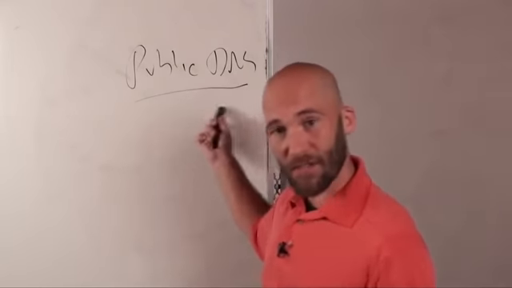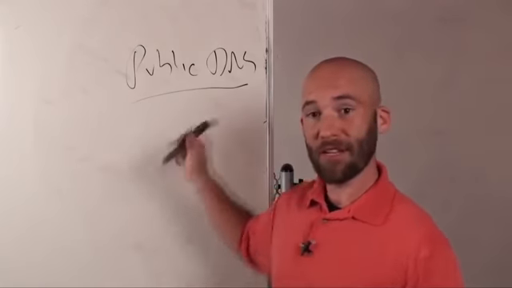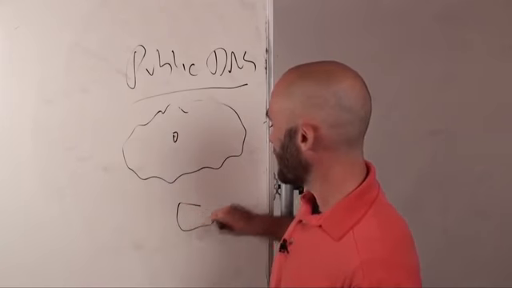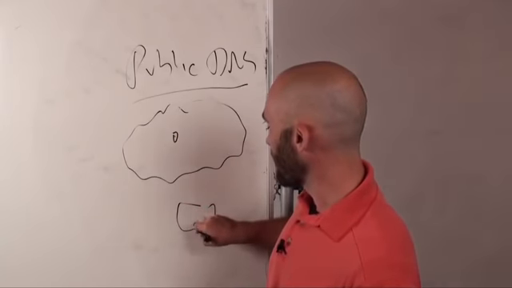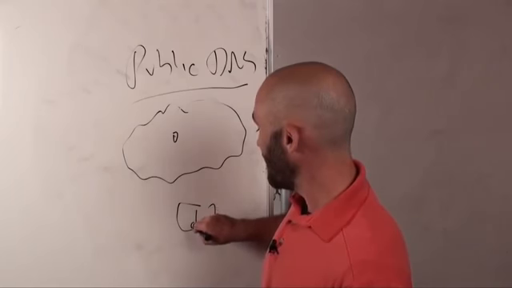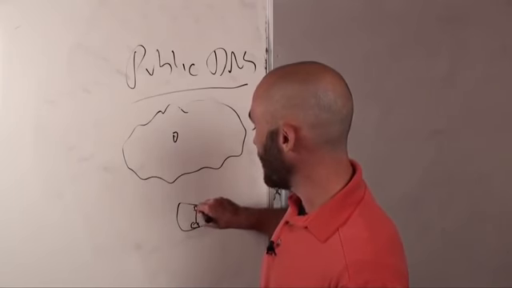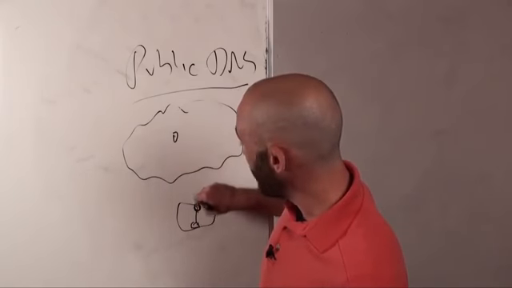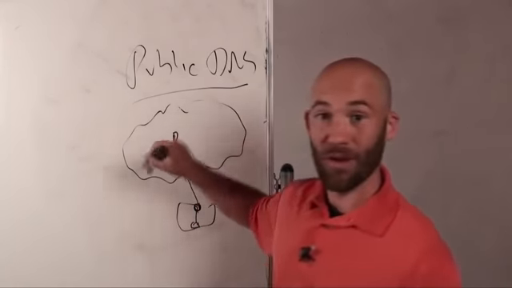These public DNS servers are not in your building. These public DNS servers are out in the cloud. So you're here, your building's here, you have your computer here, this has the host file on it. Then if the domain name can't be resolved in the host file, it then goes to the DNS server. If that can't be resolved, then it goes out to the cloud and it goes to one of these public DNS servers.